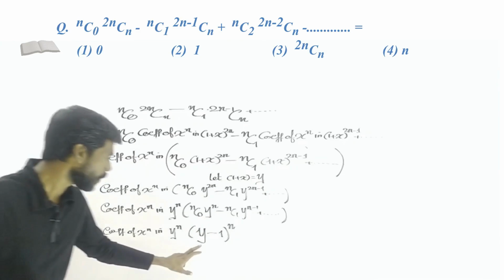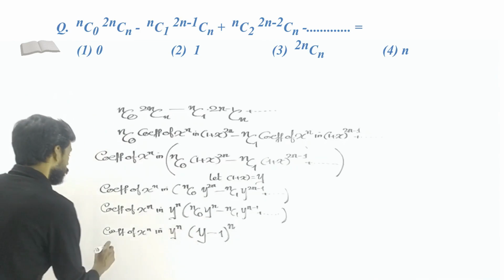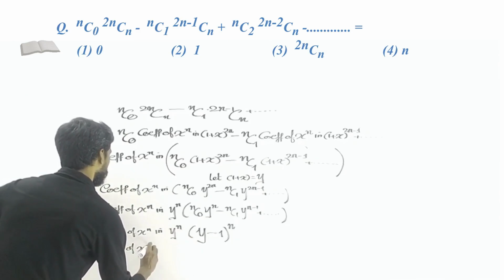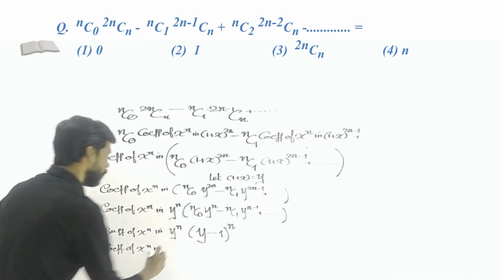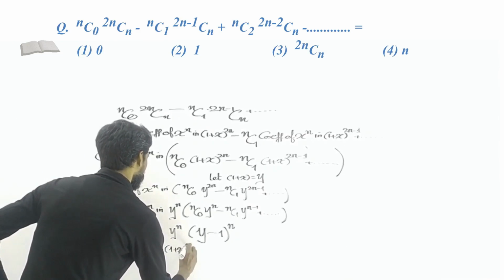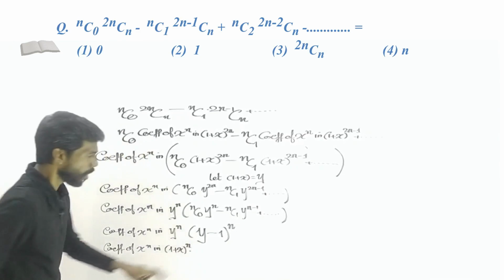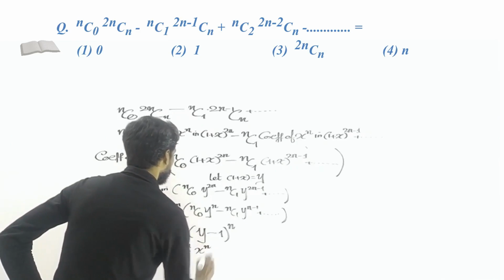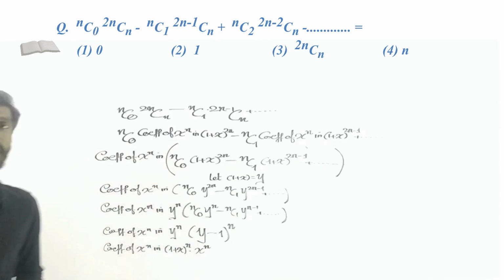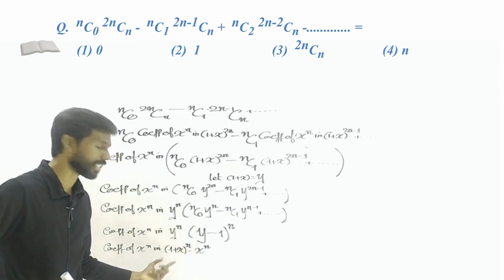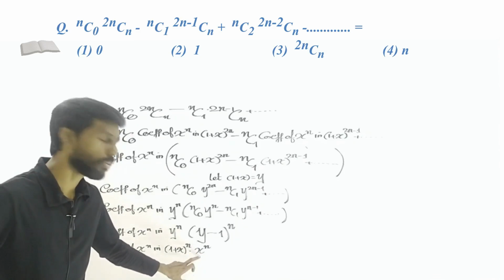Now we can substitute the value of y. So the coefficient of x to the power n in y to the power n is (1 plus x) to the power n, multiplied by (y minus 1), which is 1 plus x minus 1, so that is x to the power n. What we essentially have to find is the coefficient of x to the power n in this multiplication, but already we have x to the power n.